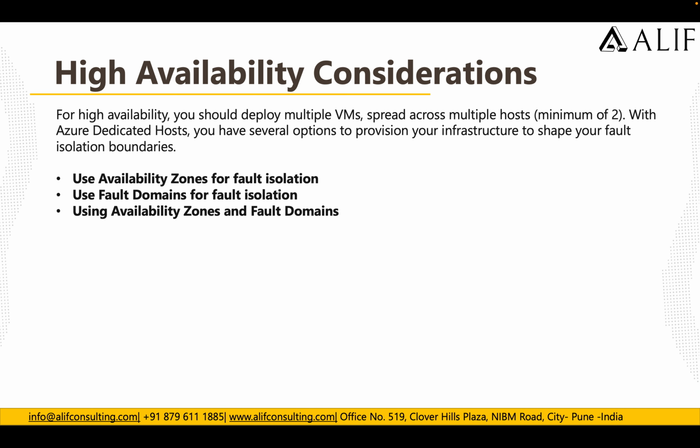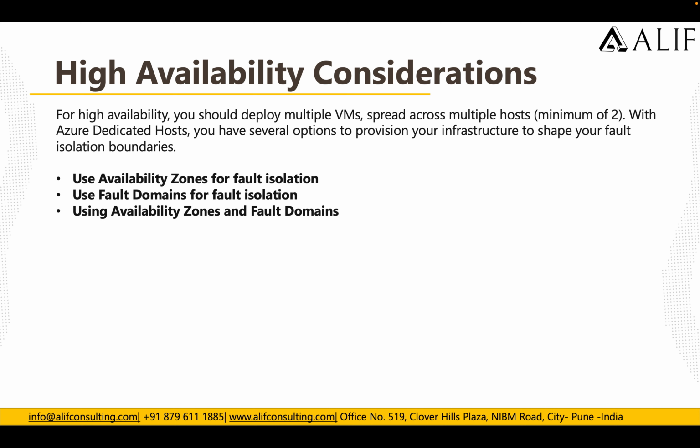You can use the availability zone for fault isolation, you can use the fault domain for fault isolation, or you can use the availability zone and fault domain both at the same time. So what fault isolation is: if anything goes wrong with the dedicated host, how your VM needs to be switched or where this VM needs to be moved, right?